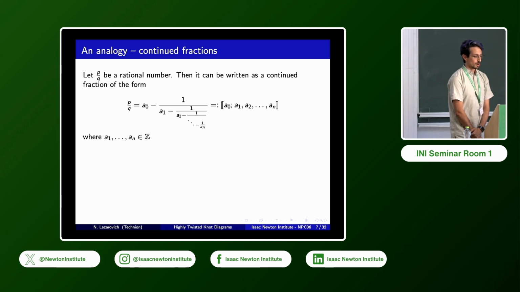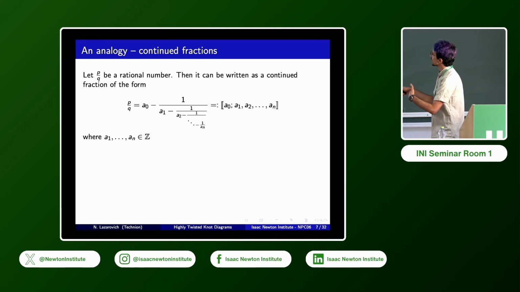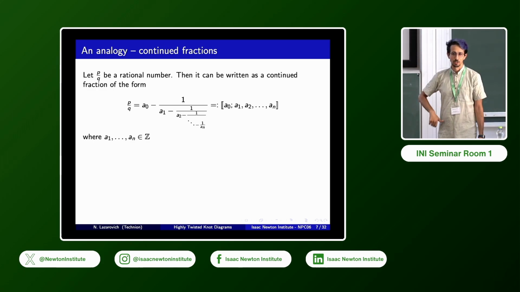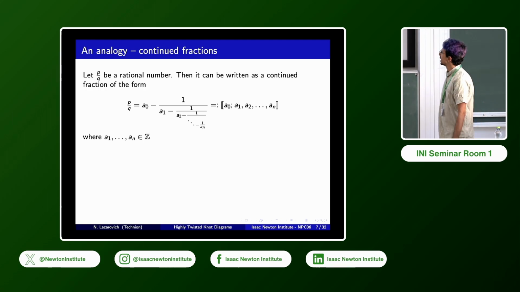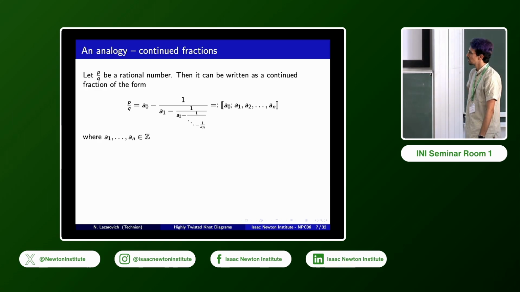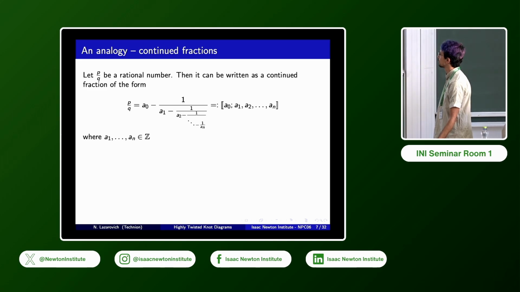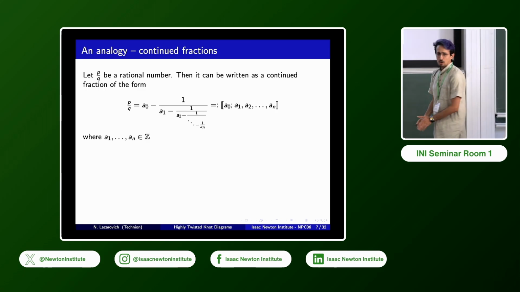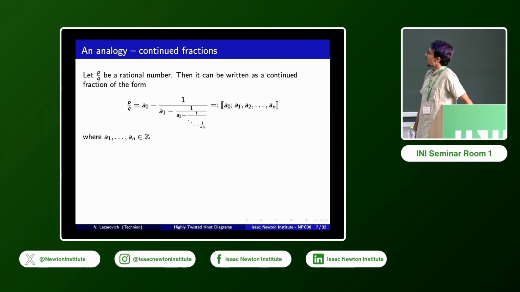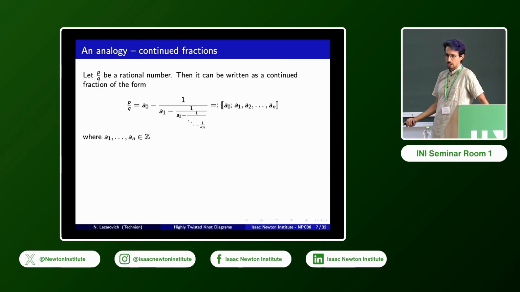For reasons to be clear later, let me use continued fractions where I put a minus instead of a plus, and I'm allowing the numbers a_i to be in Z and not in N. The usual continued fraction for a positive rational number has pluses everywhere and the a_i in N. Every rational number can be represented in such a way, but there are several ways of representing the same rational number.